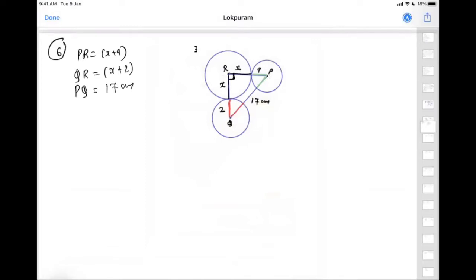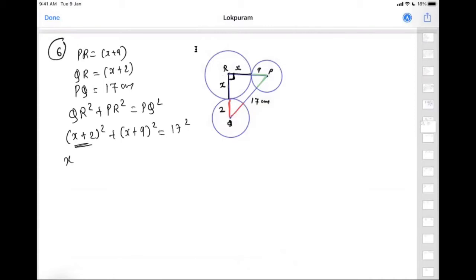So if we take a right angle triangle, we get Pythagoras. We can write it as QR square plus PR square is equal to PQ square. (x plus 2) whole square plus (x plus 9) whole square is equal to 17 square.